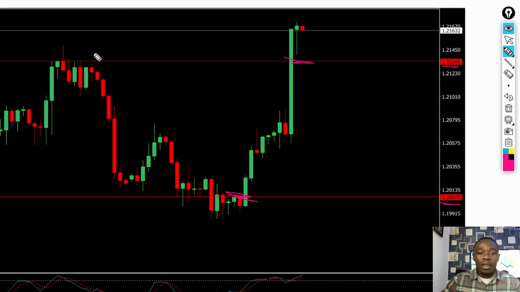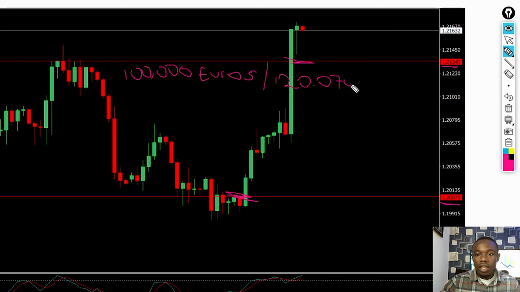So we initially bought 100,000 euros using 120,070 USD.